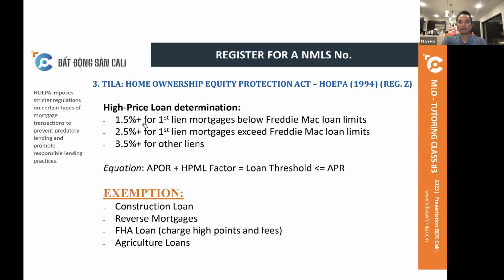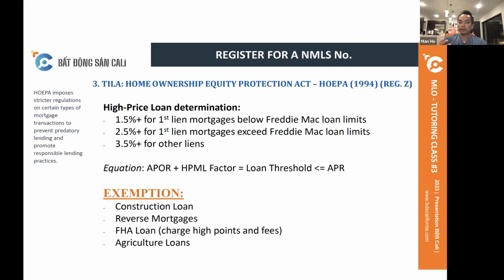1.5% plus for first lien mortgages below the Freddie Mac loan limit. Let's say in San Diego, Freddie Mac says the maximum loan that you can get is $750,000. If your loan is $750,000 or less, it's considered a non-high price loan.